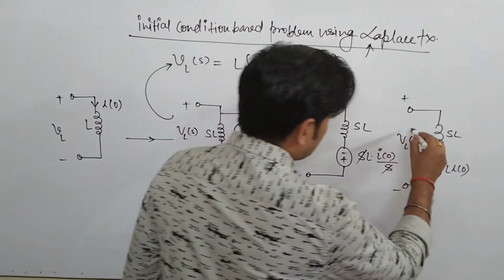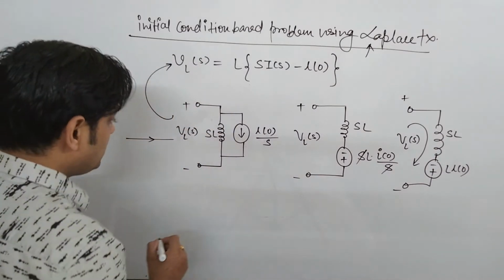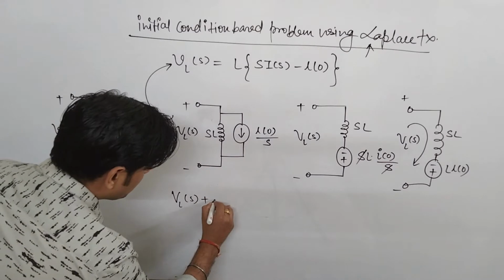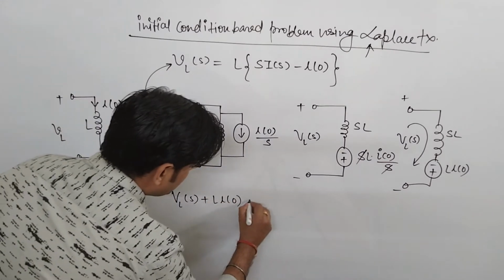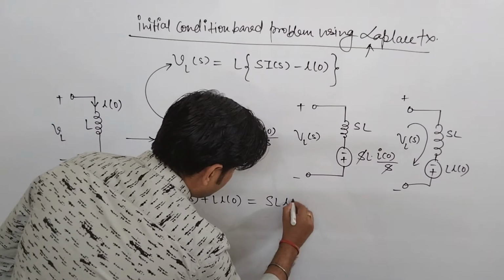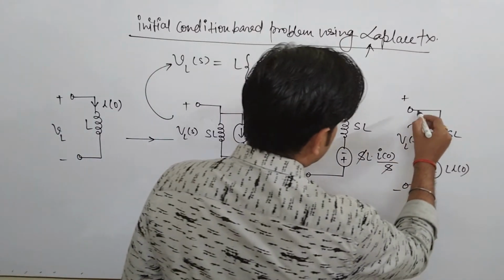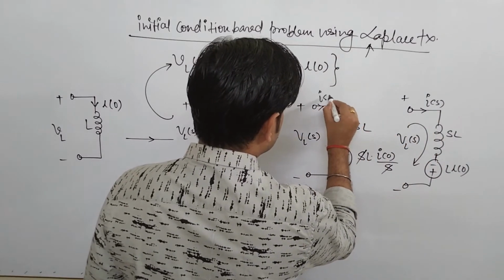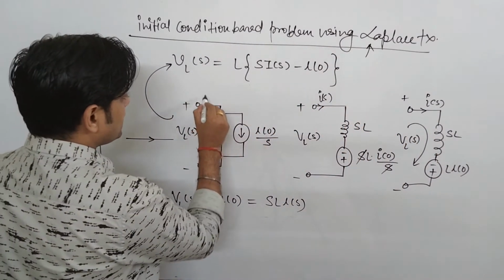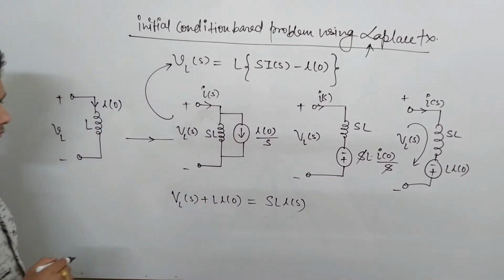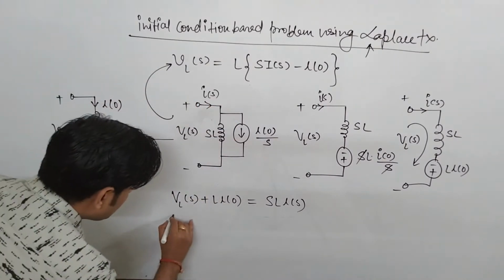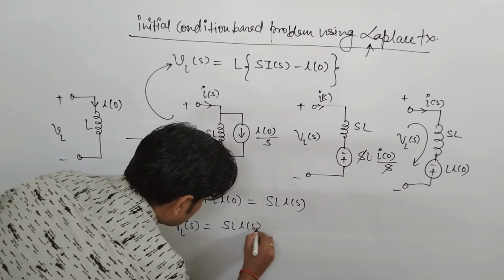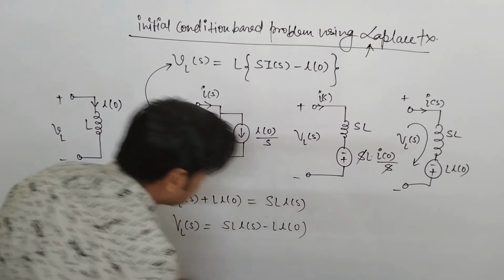Now if you apply KVL, you will get VL(s) plus L I0 equal to sL into I(s), if I consider that some current is flowing here as I(s). So from here you can say that the value of VL(s) is equal to sL into I(s) minus L I0.